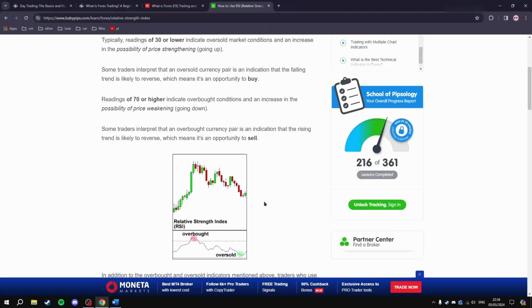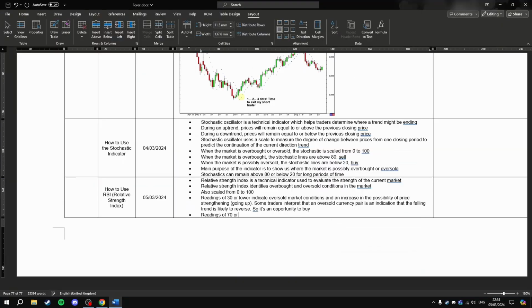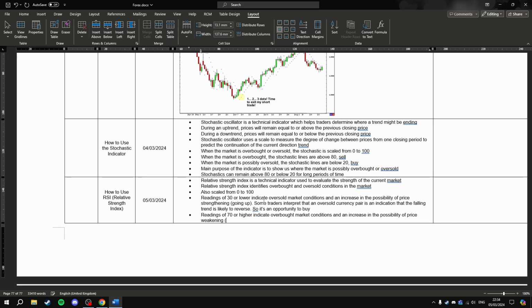Readings of 70 or higher indicate overbought market conditions and an increase in the possibility of price weakening or going down.